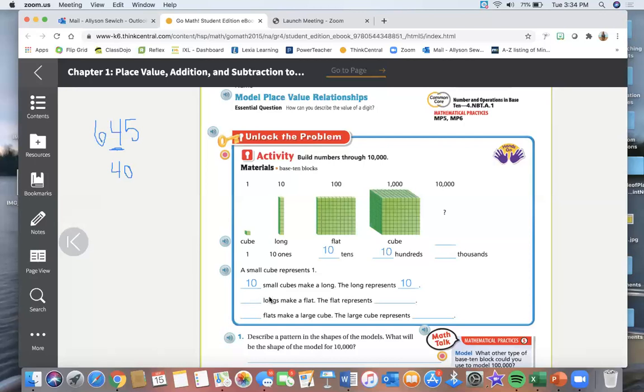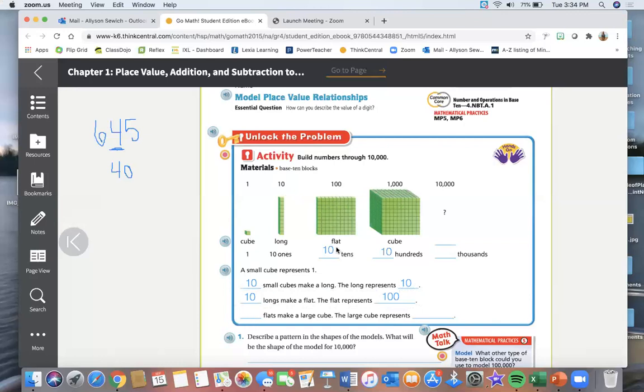And now it's asking us how many longs make a flat. We know that 10 longs make a flat. So there's 10 of these 10s right here in a flat. And the flat represents 100. Okay?